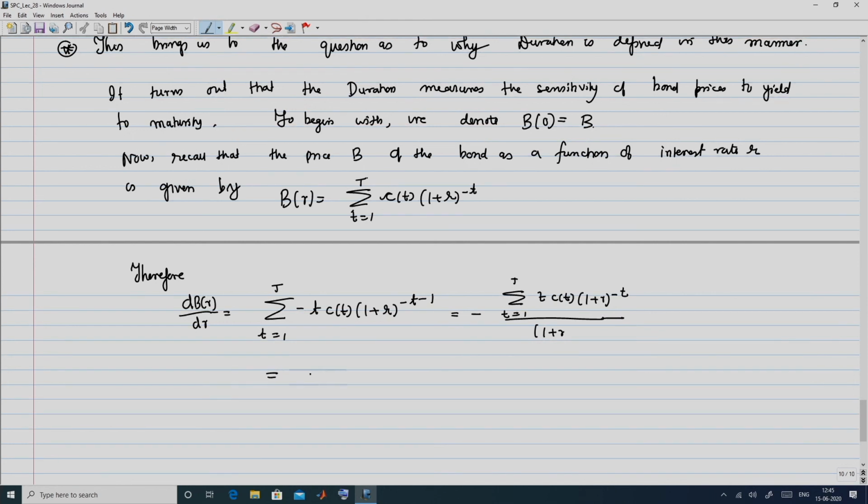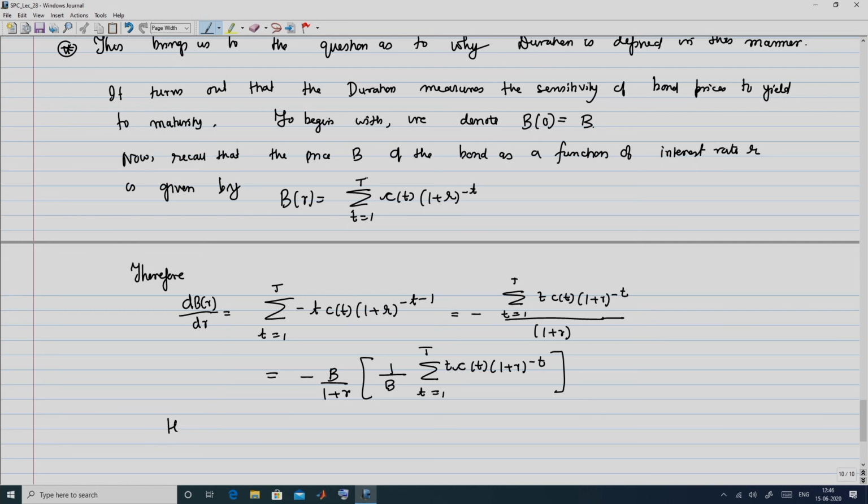And this is going to be equal to minus B over 1 plus R. So, what I do is that I multiply and divide by 1 by B into summation C of t into 1 plus R raised to minus t, t is equal to 1 to capital T. So, there is a t here.